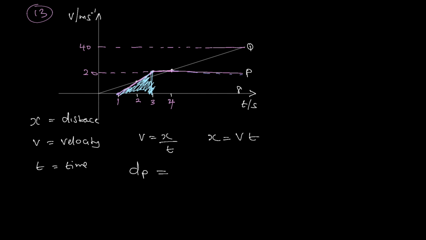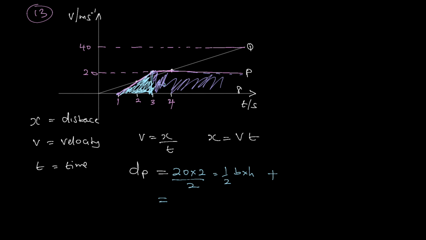So that area for P is going to be 20, that's the height, times 2 over 2, because we're using half base times height. The base is 2 and the height is 20. Plus we also have the whole area, which I'm going to shade now.